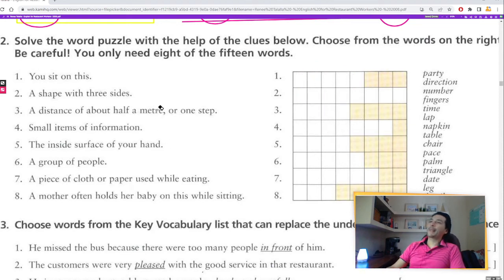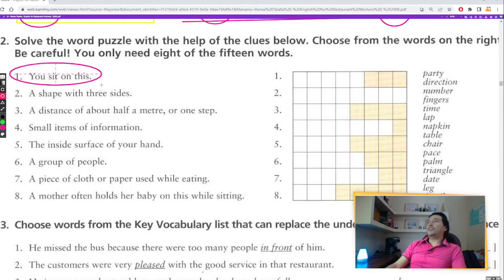Ready? You sit on this. Number 1, you sit on this object, right? Remember, the nouns are objects, like all things, people, places, animals, ideas, or concepts.